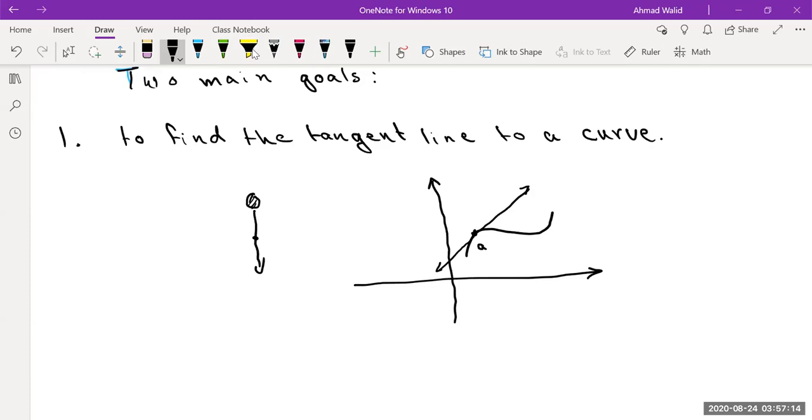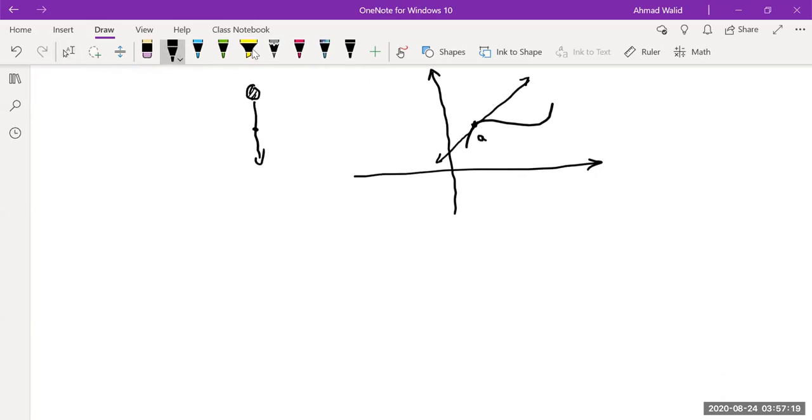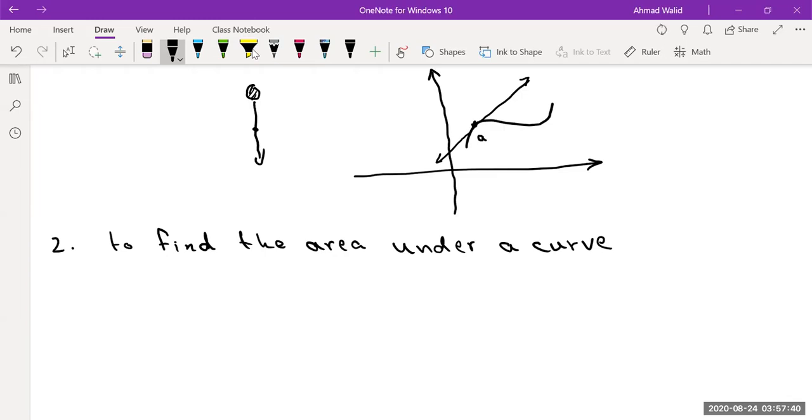That's the first branch. Our second goal in calculus is to find the area under a curve, maybe between 2 points.